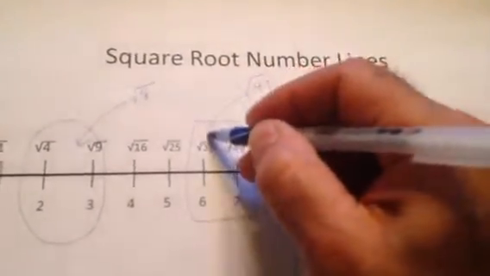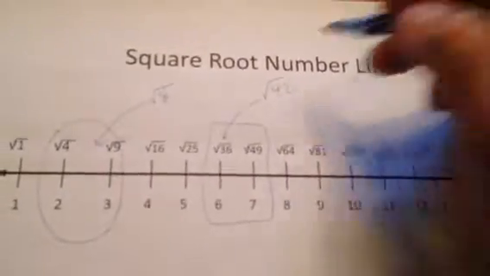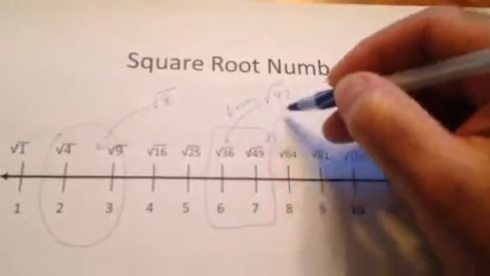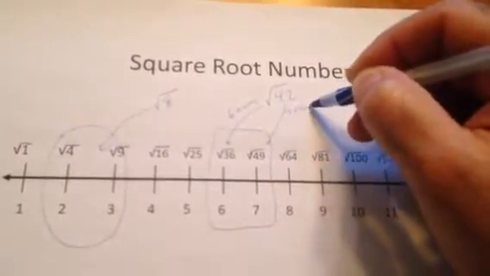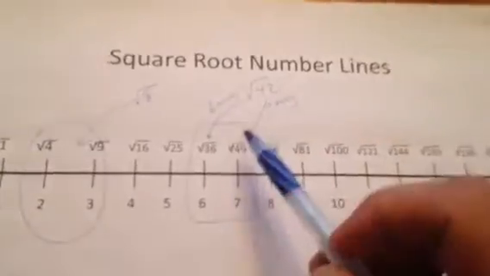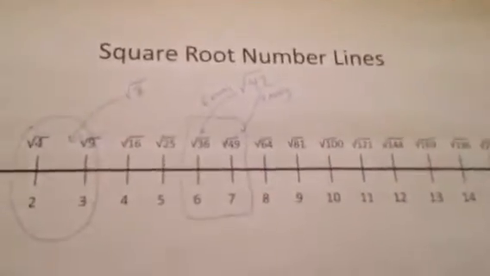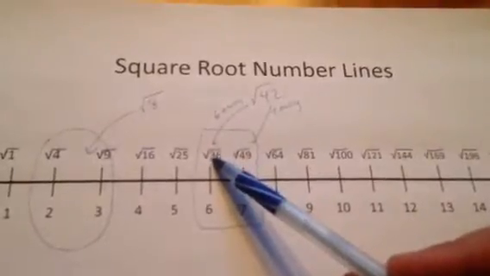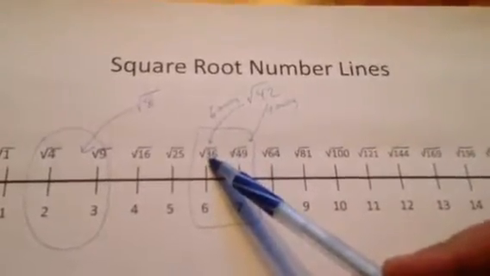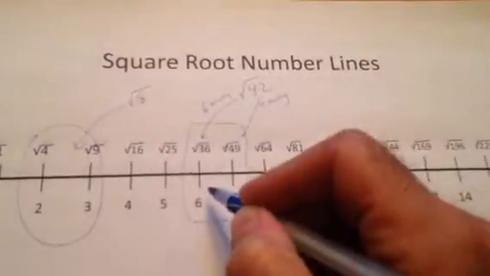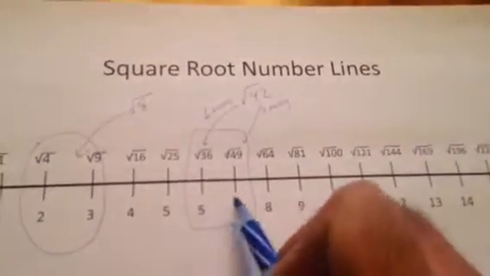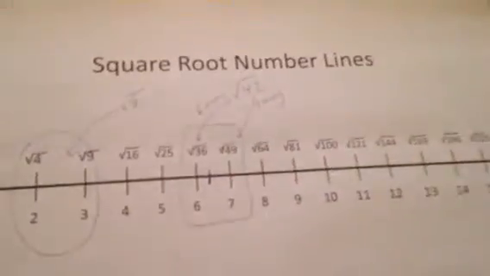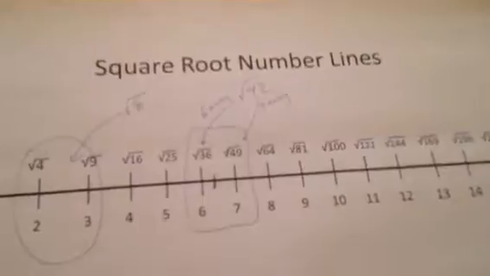From here, it is about 6 away, but from the other side, it's about 7 away from 49. So it's very close to the middle, but since it's only 6 away from 36, it's closer to the square root of 36. In other words, it is closer to 6 than it is to 7. It's probably in here somewhere. I have to take a bit of a guess.